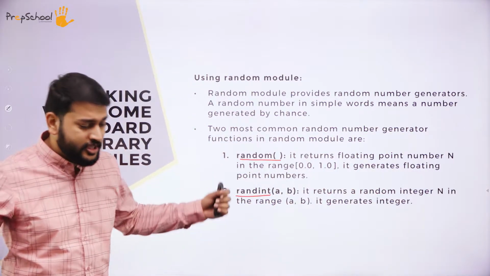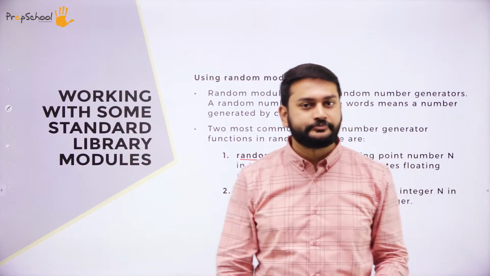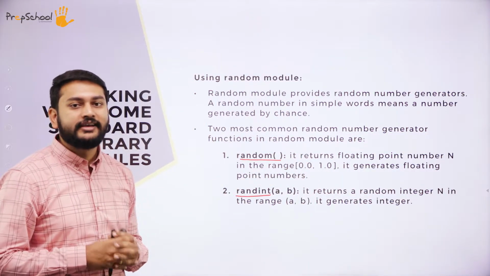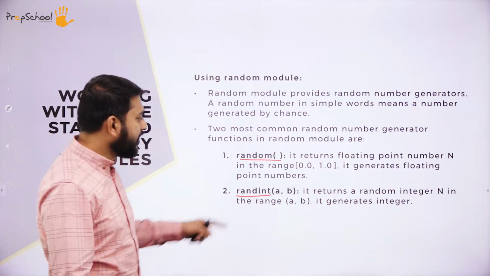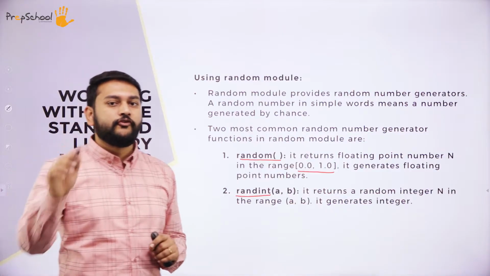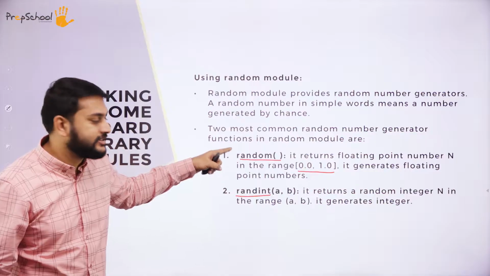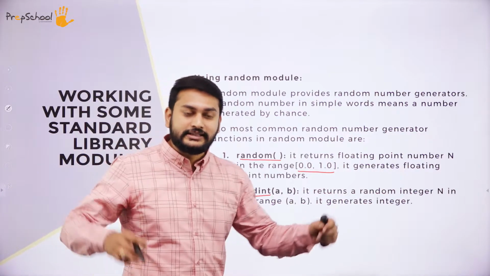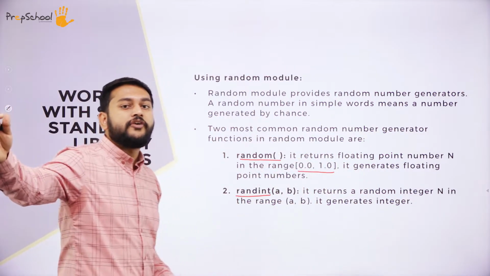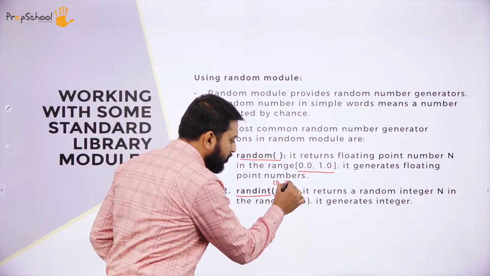If I want to generate random numbers between 0.0 and 1.0, I will use the random function. Suppose I want to generate random integers within a limit, a and b, for example 10 to 25.